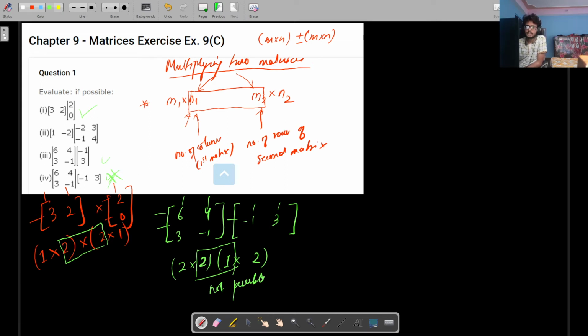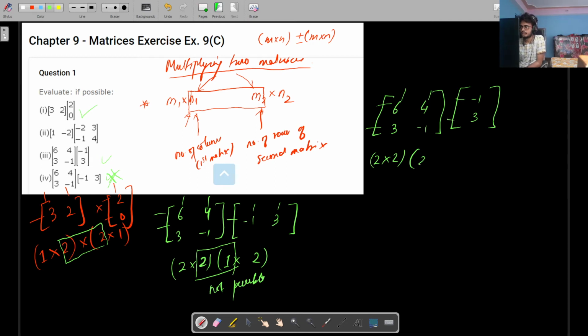Okay, let's try the third one. The third one gives 6, 4, 3, minus 1, and you have minus 1, 3. This is a matrix which has two rows and two columns, and this is a matrix that has two rows and one column. For the multiplication to be possible, these have to be the same. Since they are the same, multiplication of this matrix is possible. Let's go for the second one now.